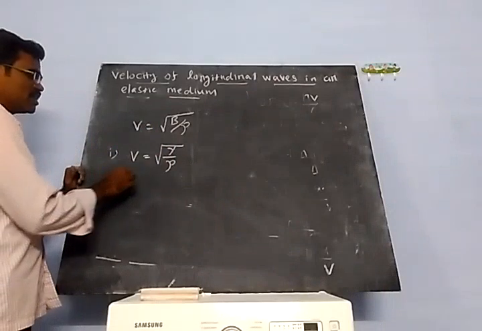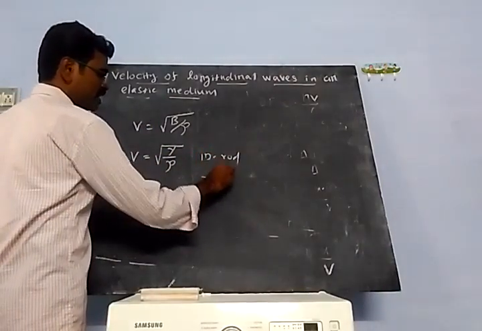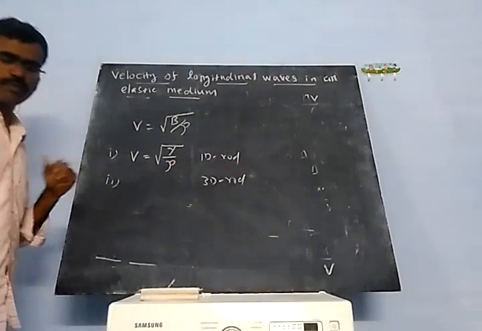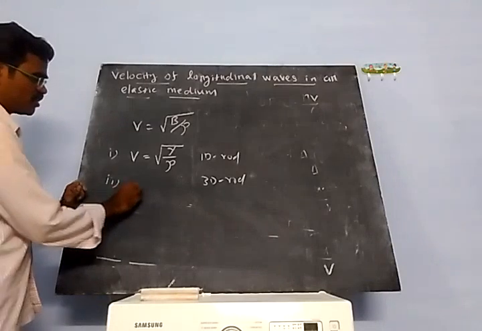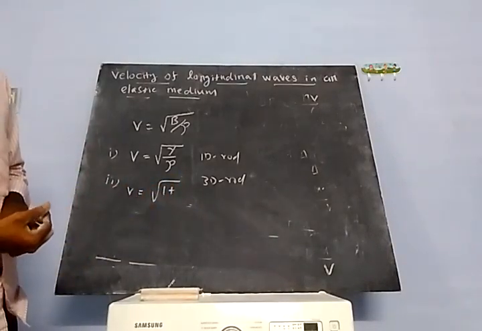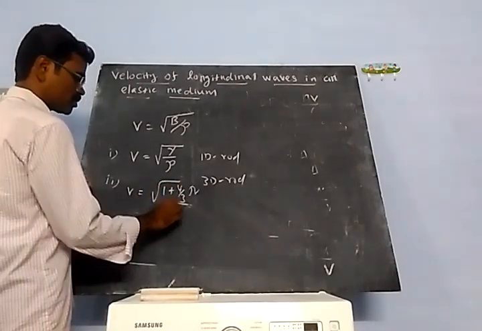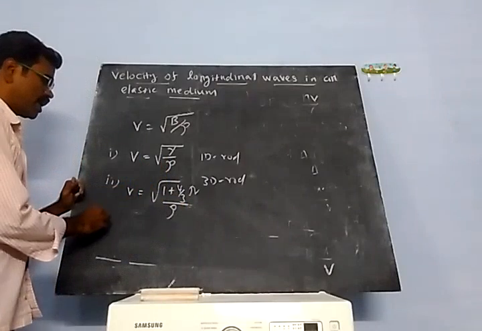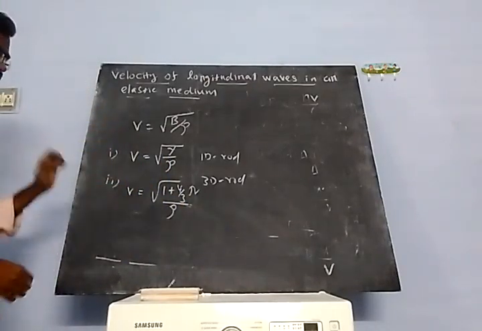And second, suppose this was the one dimensional rod, I can take a three dimensional rod. If we take a three dimensional rod, the velocity is V is equal to square root of (1 plus 4 by 3 eta) by rho. And next, this is the solid case.